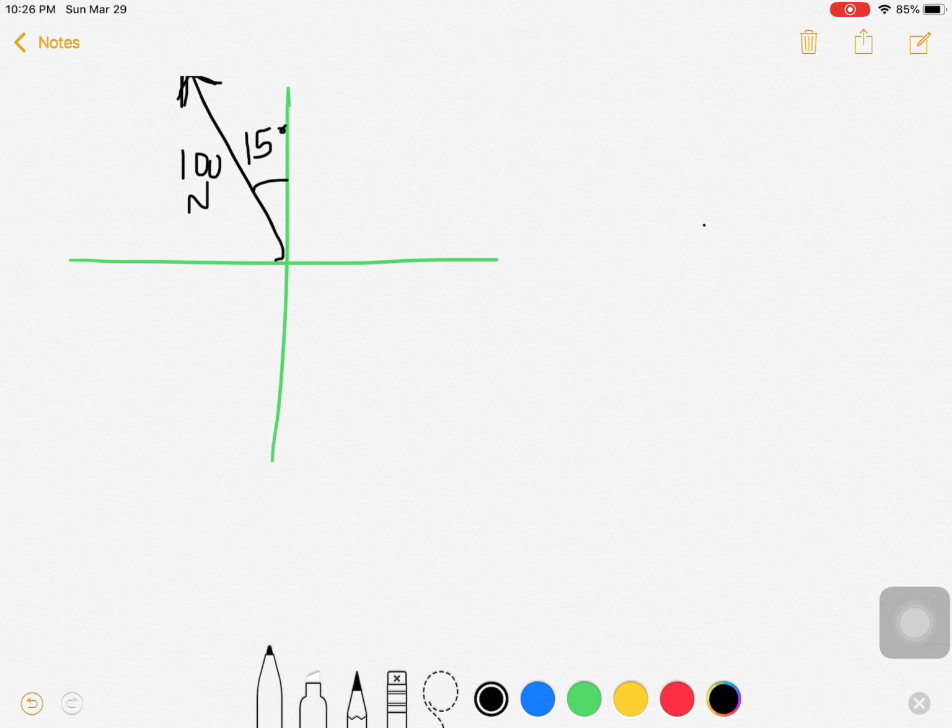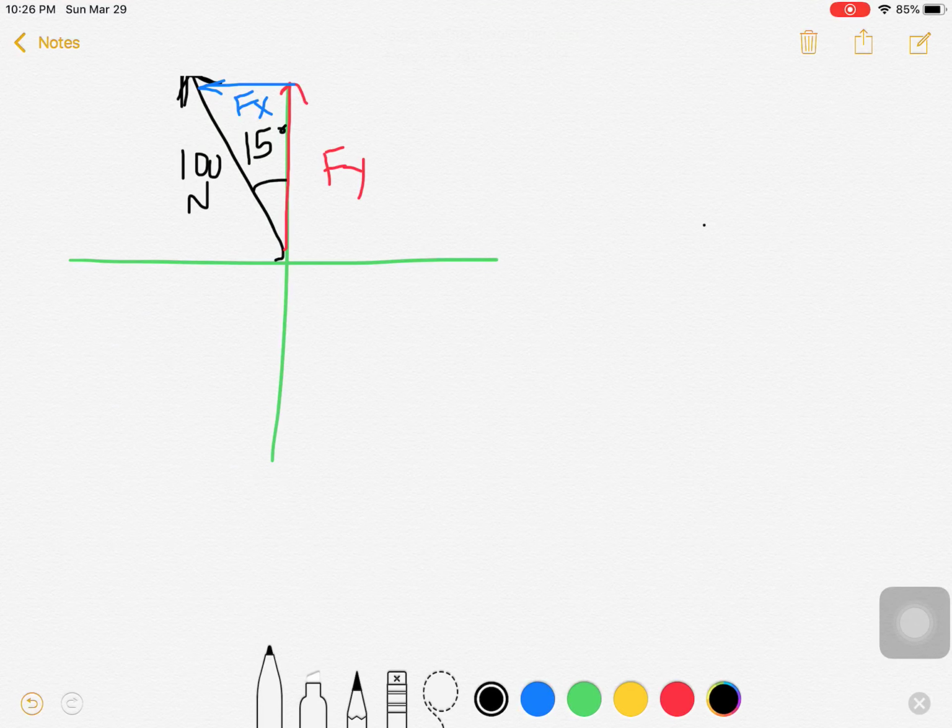All right. So, this is our force in the y direction. And our force in the x direction.